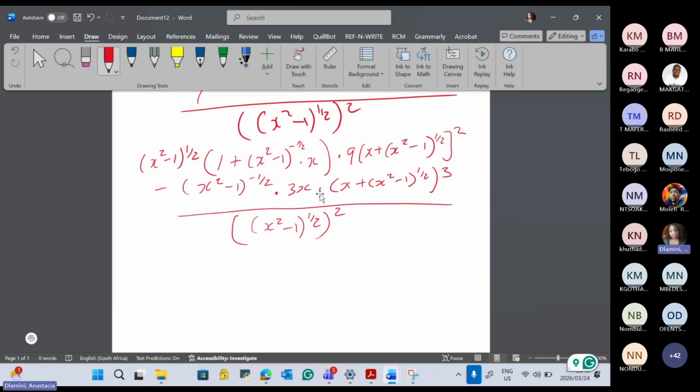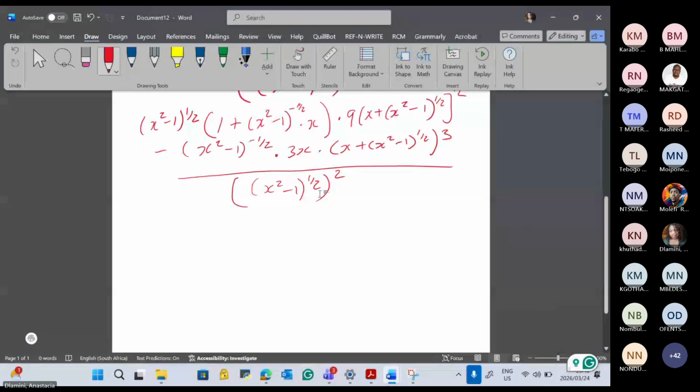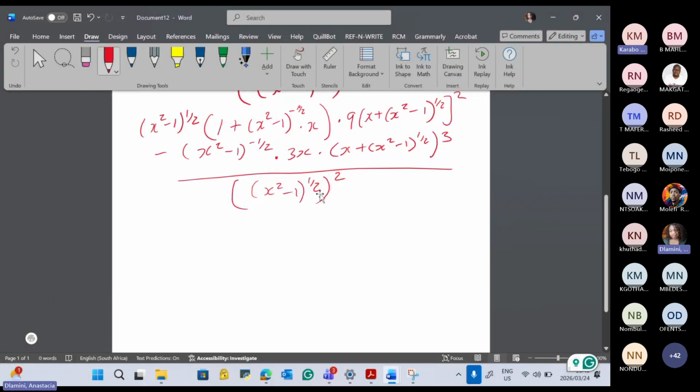Okay, guys. What do we see from here? Do we agree that this will be x squared minus 1 to the power of 1 over 2? And this over here will be 3, also 9, in here. If you simplify this, can you simplify this on the side?